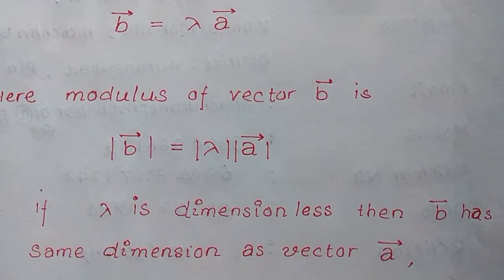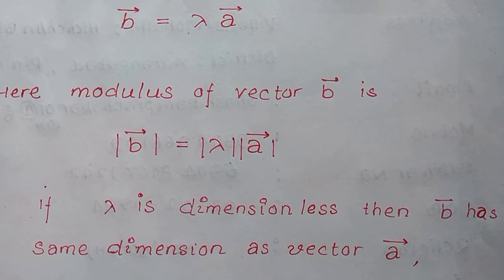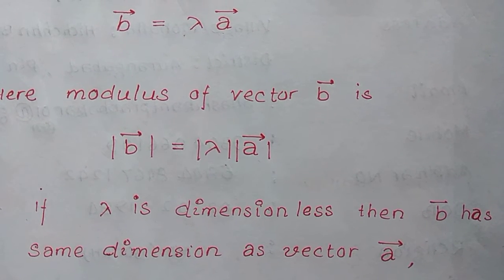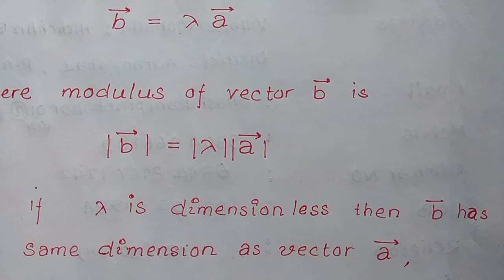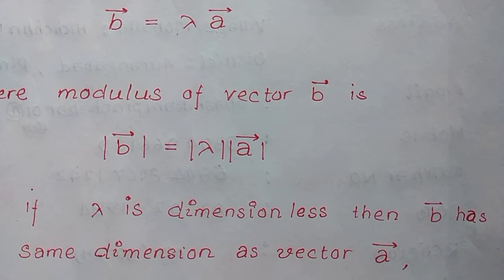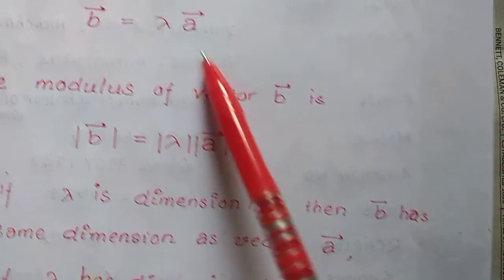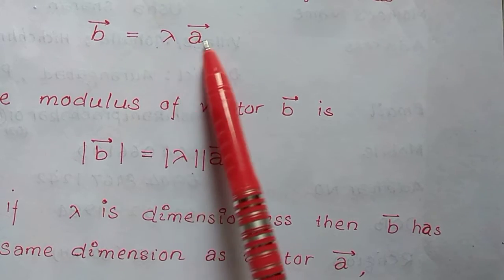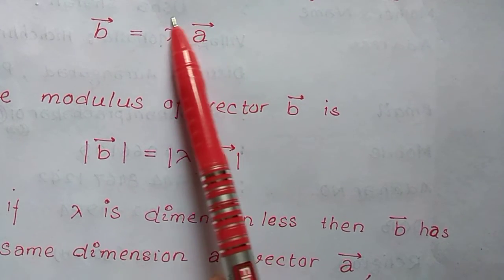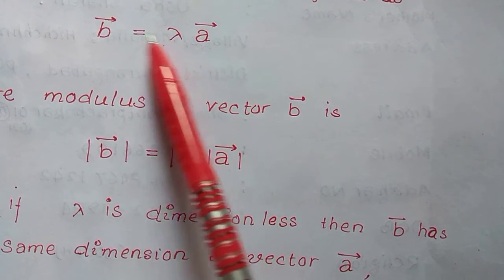If lambda has a dimension, then vector B has a different dimension from that of vector A. Suppose lambda has a dimension of mass and A has a dimension of velocity, then B has a dimension of linear momentum.